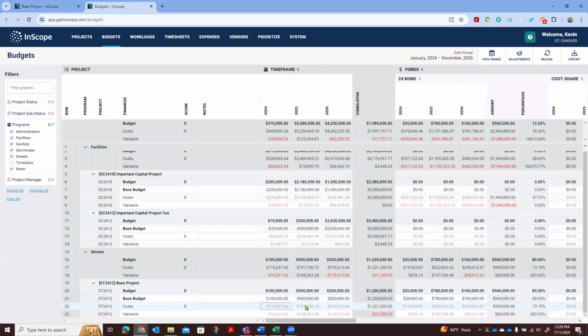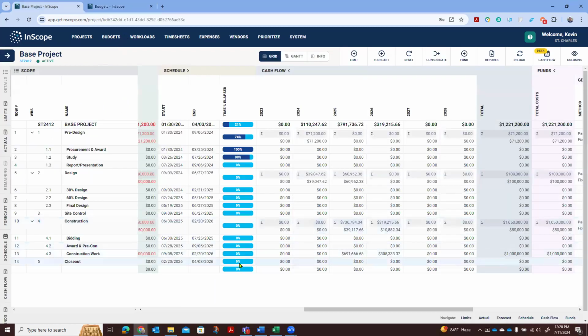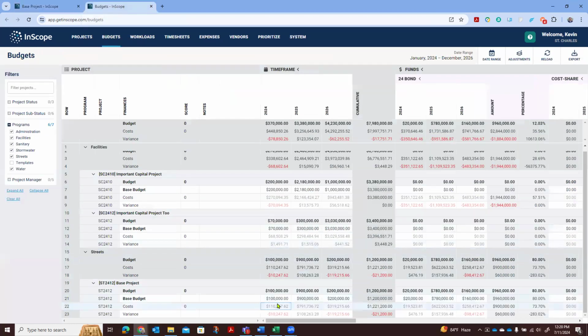Well, I'm actually looking to be a little bit north of that, based on when things are going to come in. And that's okay. At least I can see that. So maybe I am going to get these design services under contract sooner than I anticipated, and so maybe I do need a budget adjustment.